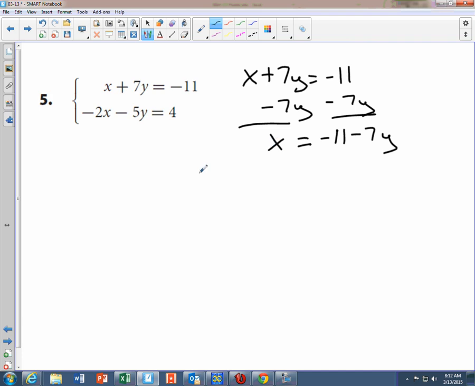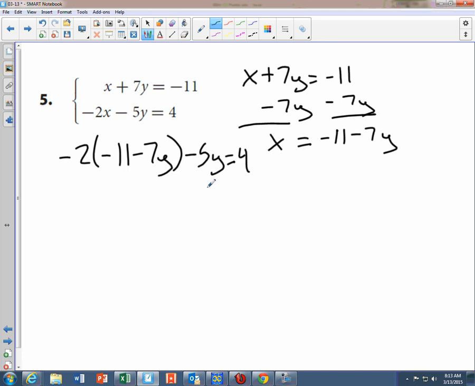X. So in the other equation, instead of writing x, I'm going to write negative 11 minus 7y. Negative 2 times negative 11 minus 7y. Then what do I write after that? I just write what's left, right? Minus 5y equals 4.